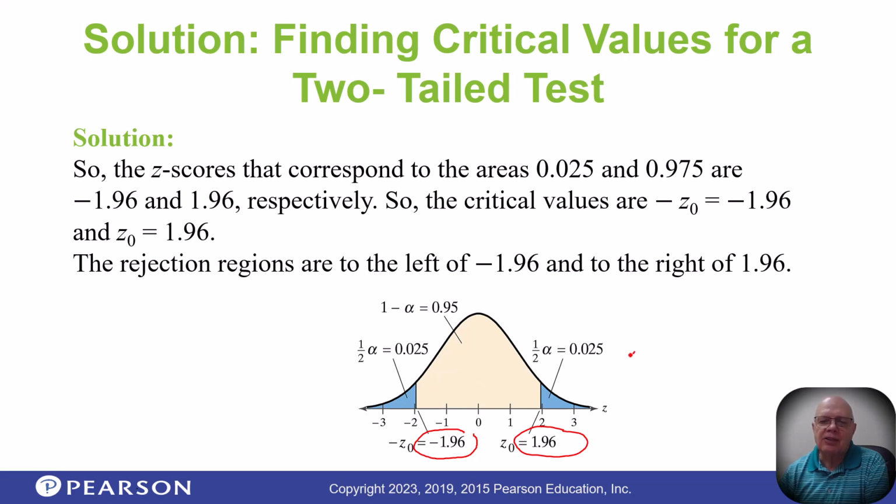If our z-test statistic shows in here, we reject the null. Or if it shows in here, we're going to reject the null. It's the value that shows up here, or here, or here. If it's in the rejection regions, we'll reject the null hypothesis.